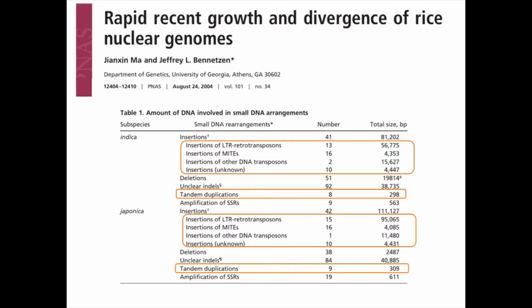So we're still just on the tip of the iceberg in terms of identifying naturally occurring structural variations. And these numbers all come from a comparison of indica to japonica for a region of the genome that aligns across 1 megabase.